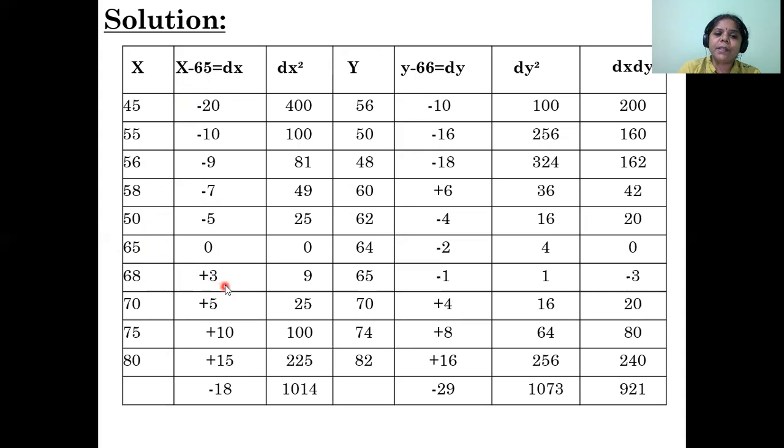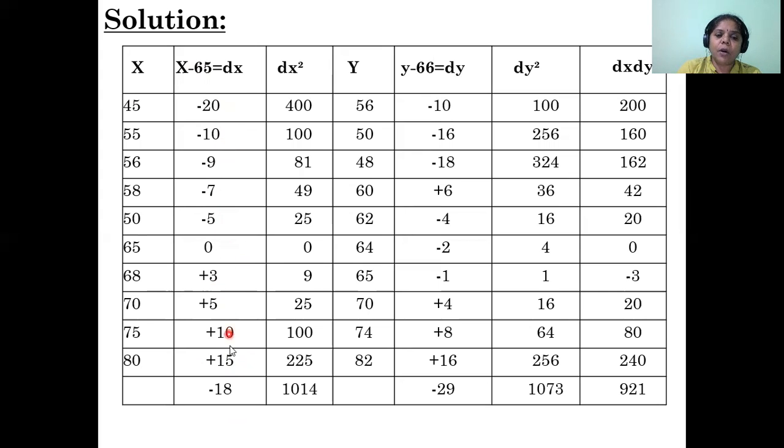Okay, write down as it is, plus 3. Next 70 minus 65 will get plus 5. 75 minus 65 will get plus 10. 80 minus 65 will get plus 15. Okay, write down as it is whatever values you get.